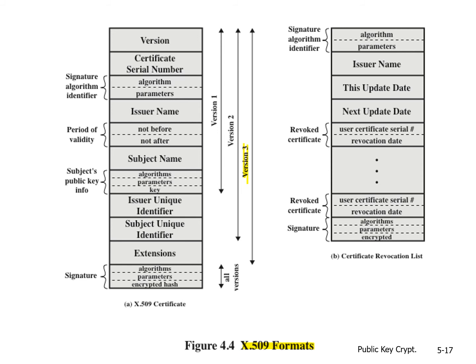Okay. First, the certificate begins with the version block. Then the certificate serial number. This is important. And the signature algorithm identifier, which explains how the signature can be obtained.